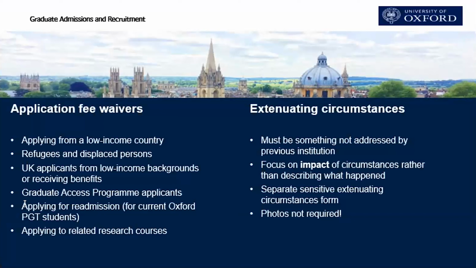Another thing to note is how to declare extenuating circumstances. I realise that many of you will be of a vintage that your undergraduate degree may have had some impact of the COVID pandemic.